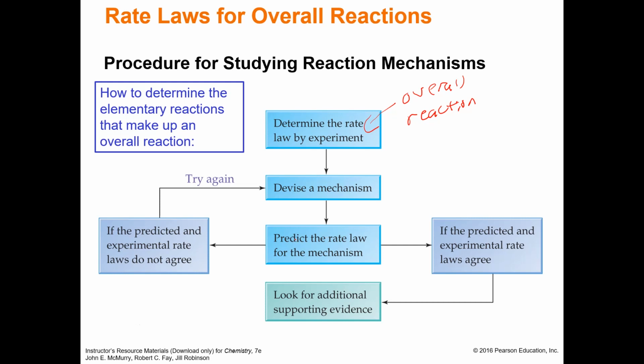And then we look at the predicted rate law for the mechanism and the rate law that we came up with by experiment. If they don't agree, we have to go back and try again. If they do agree, then we keep looking for additional supporting evidence, but we now have a proposed mechanism for our reaction.